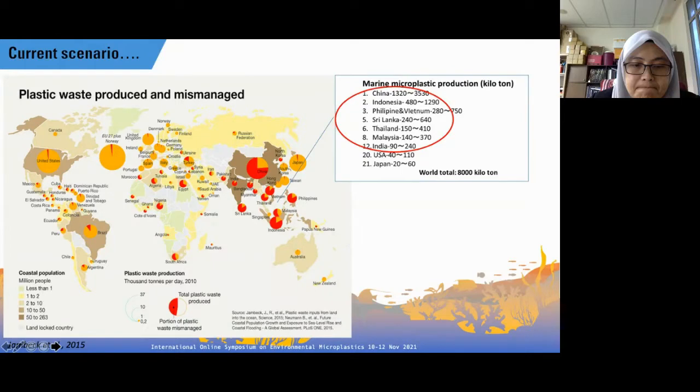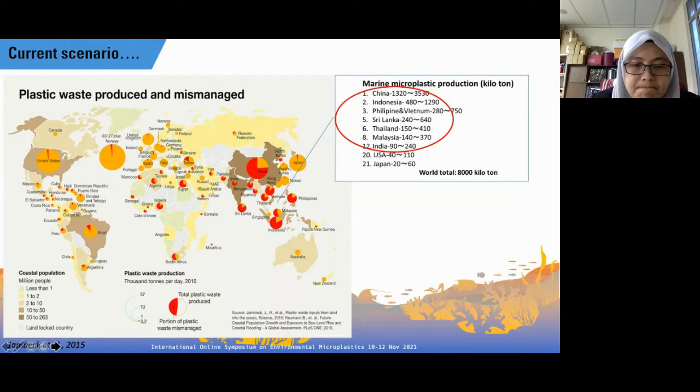Okay. Before we go into more details, let's zoom out to the current situation of marine plastic debris and microplastic pollution on a global scale. I think everyone here is already very familiar with this data from Professor Jenna Jambeck, published in 2015, where she highlighted that the input of this pollution is largely coming from Asia and Southeast Asia.